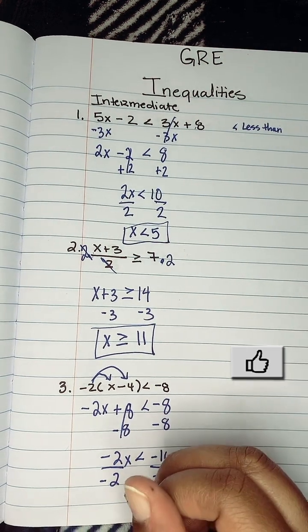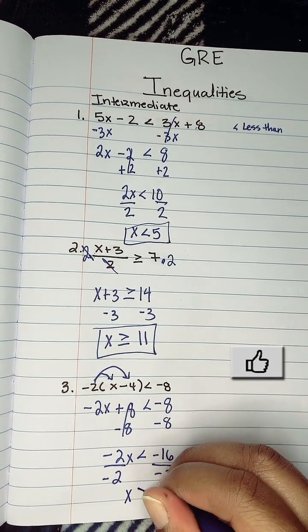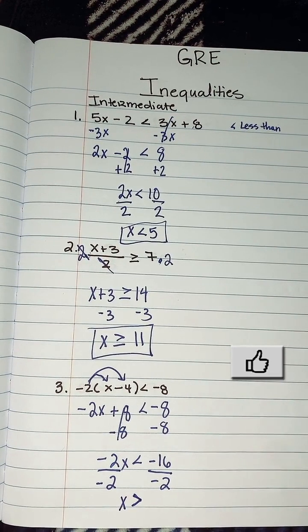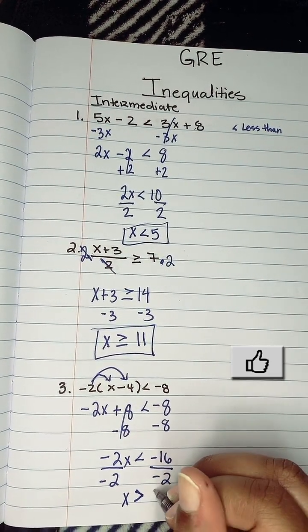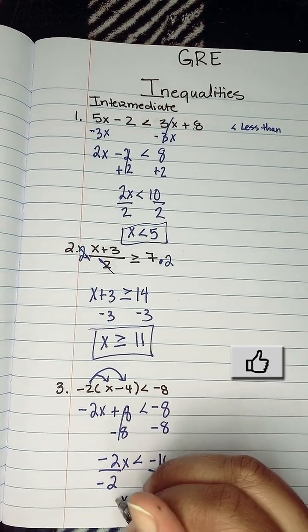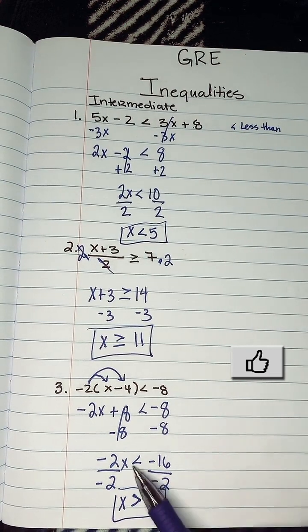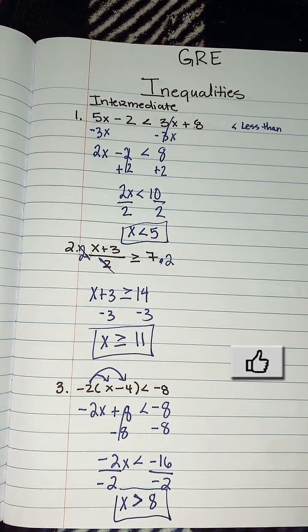That's what I was looking for. Whenever you multiply or divide by a negative, you have to flip that sign, which a lot of people forget when you're doing inequalities. So it's actually x is greater than 8. Don't forget to flip that sign when you divide or multiply by a negative number in inequalities.